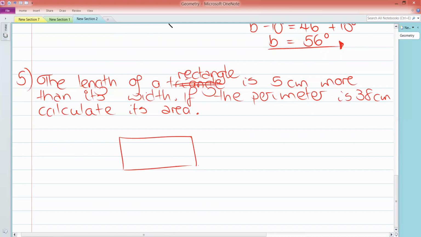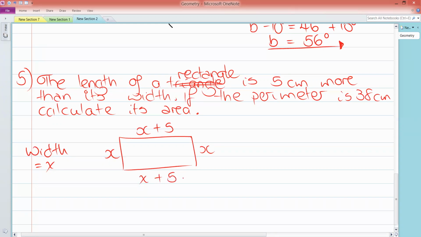So let's choose X. Which one do you want to make X? The width. Okay, so I'm going to let the width equal X. Now, what would the length then be equal to? What did they say? They said the length of the rectangle is 5 centimeters more. Brilliant, X plus 5.